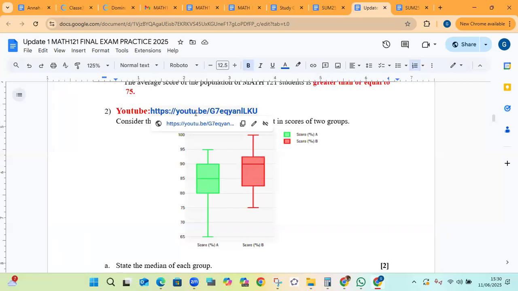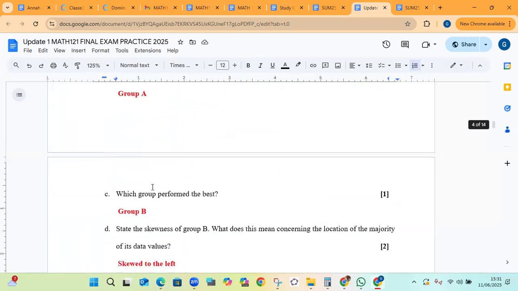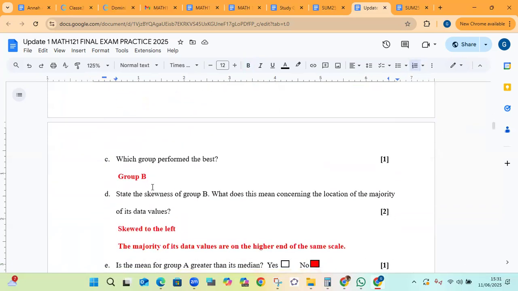Here you have a video indicating to you how you can do that, or you can get the median, or you can get the range, etc., from a box and whiskers presented to you. And or you can do some comparative analysis.